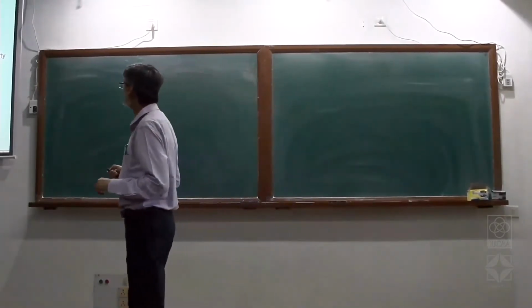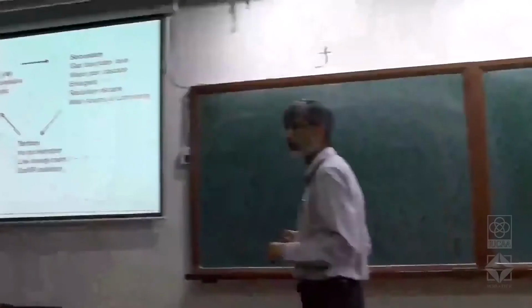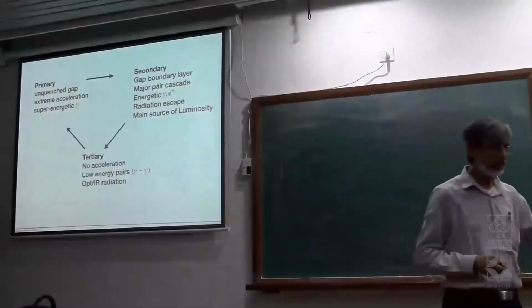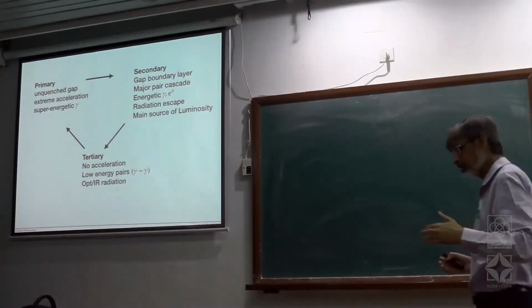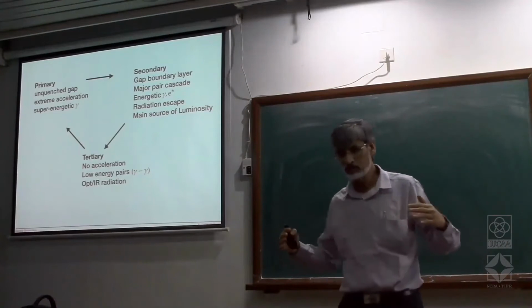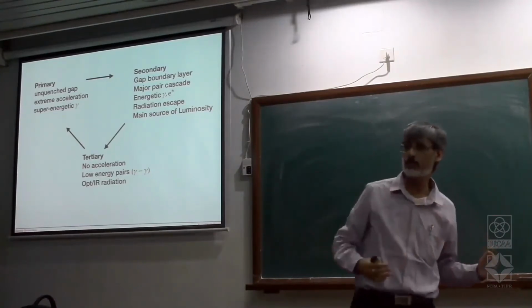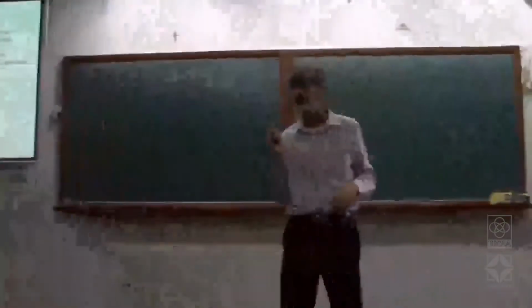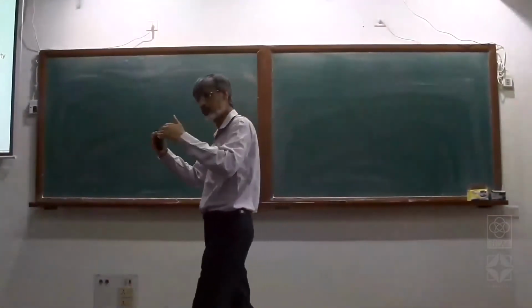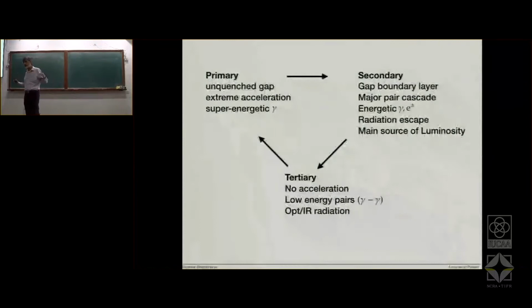Some of these secondary photons will end up in other parts of the magnetosphere, which you call tertiary region. Now remember, you have beams which are produced by ingoing particles and beams which are produced by outgoing particles. Particles are still very relativistic here, and these beams are emitted along the tangents of wherever they are present.